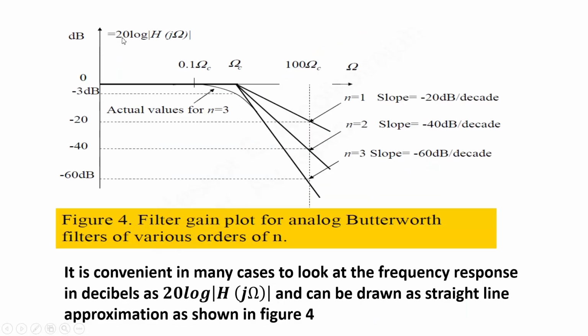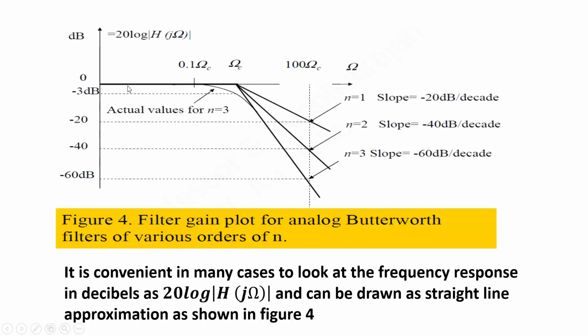That's why it is 20 here. Had it been squared, you would have got 10 here, 10 log |H(jω)|². But okay, no problem. We are plotting the logarithmic value of this magnitude response on the y-axis, 20 log |H(jω)|. So this is the dB scale.